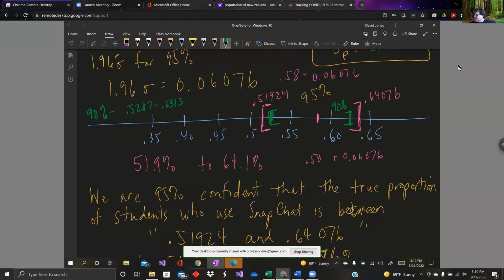And if I do the other one, the 99%, let's go with maybe white. 99% was 0.4997 to 0.6603. That opens the window up, makes the interval larger. But we've taken enough samples that there's a good chance we're in there.